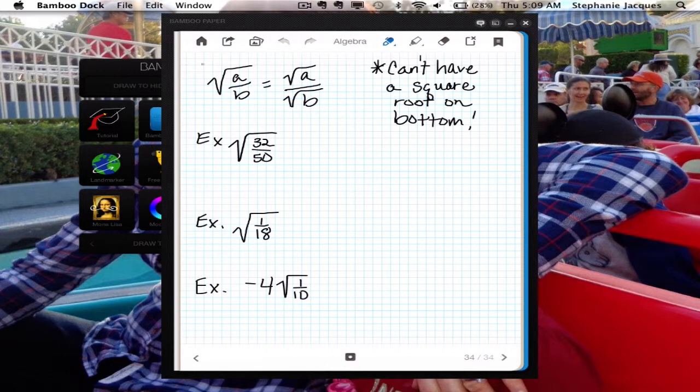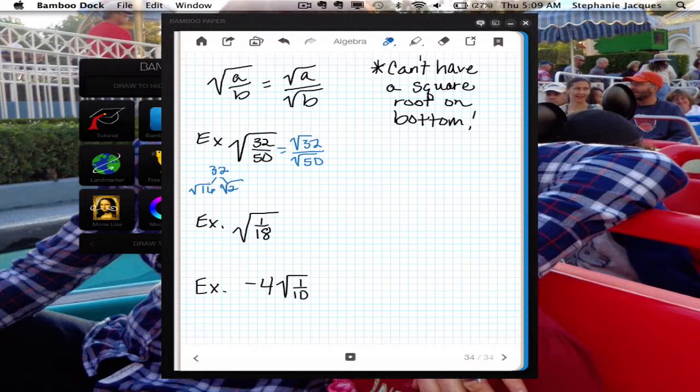Okay, we're going to look at some division examples now. If you do the square root of a fraction, which is really a division problem, you can do the square root on top and the square root on bottom. You can't have a square root on the bottom, and I'll show you how to get rid of that as we go through this. So this is really the square root of 32 over the square root of 50. I'm going to do my little factor trees over here. 32 is 16 and 2, I know that.